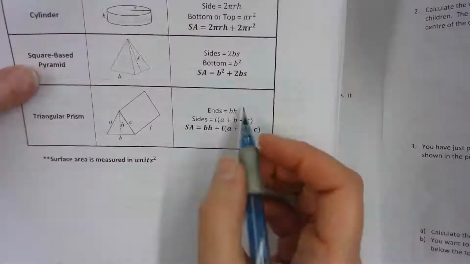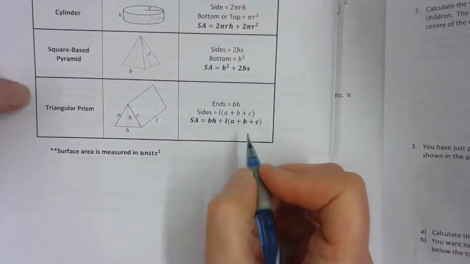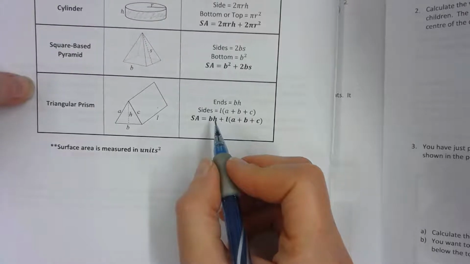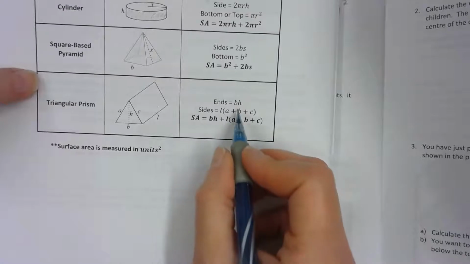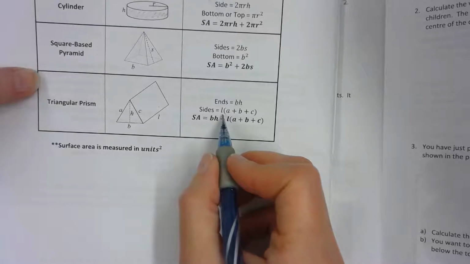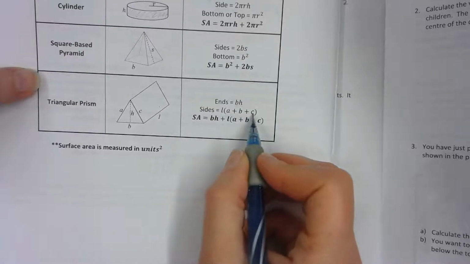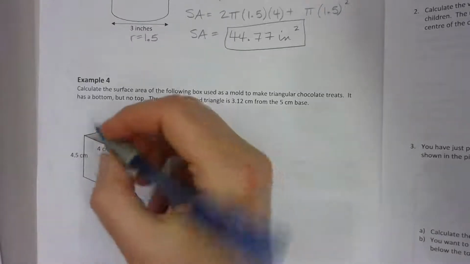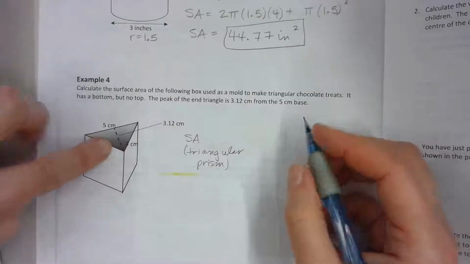So let's take a look at this. The ends are B times H, so those are the ends, and the sides are L times A plus B plus C. So let's take a look at this. So the surface area, I think we're going to find the surface area of the whole triangular prism, and then we're actually going to have to subtract a triangle out, right?